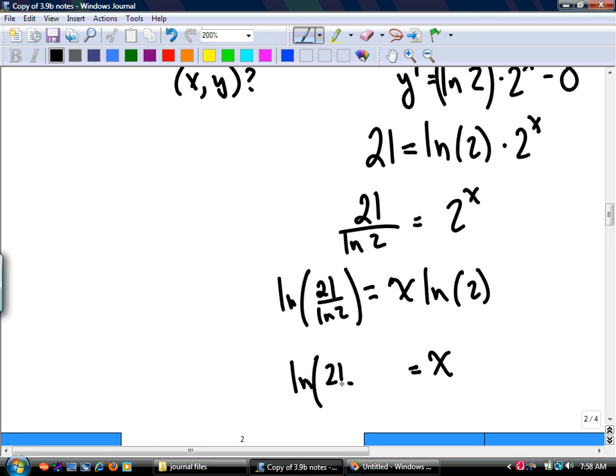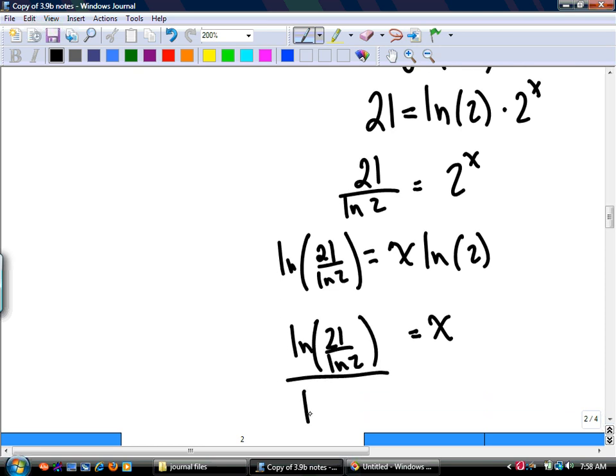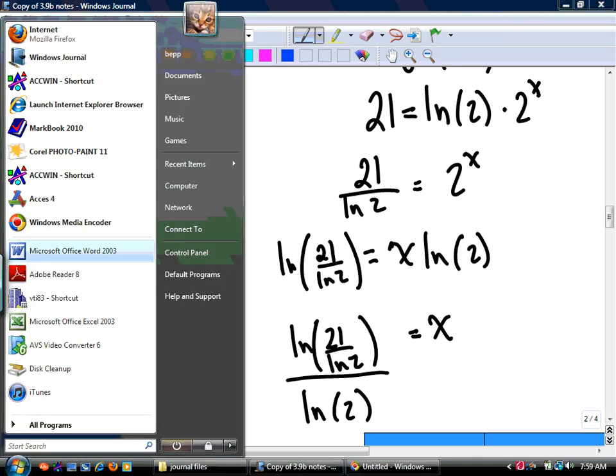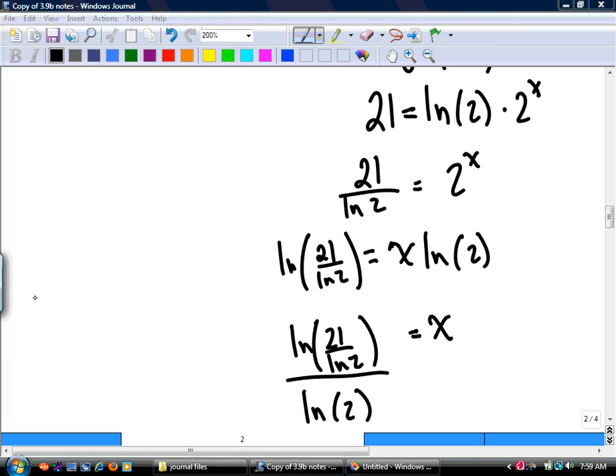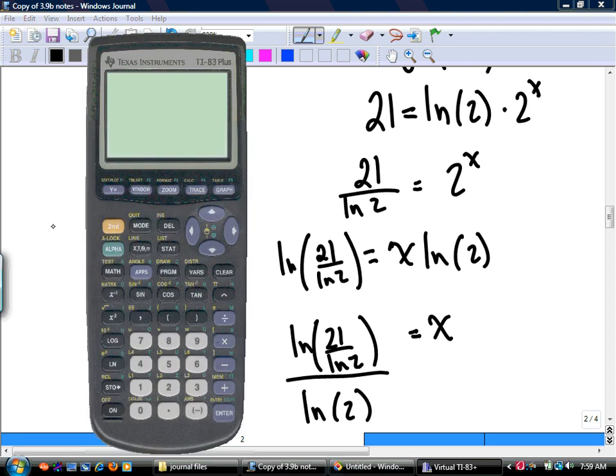ln of (21 over ln 2) all over ln 2. I'm thinking calculator question extraordinaire, right? So ln of (21 divided by ln 2) divided by ln 2. 4.92.